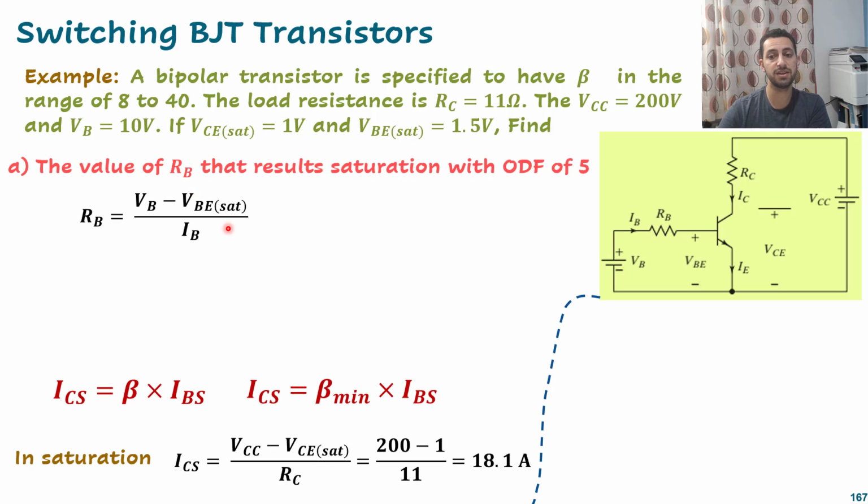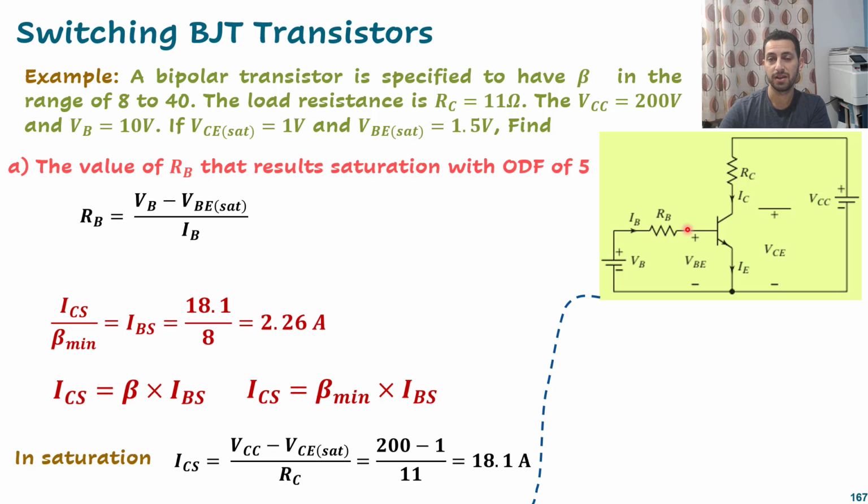So in the worst case scenario, the beta minimum is used to give us the value of I base to cause the saturation, given the ICS which I calculated here. So IC divided by beta minimum equals IBS, and that gives me 2.26 ampere. So I have to push 2.26 ampere into the base here.